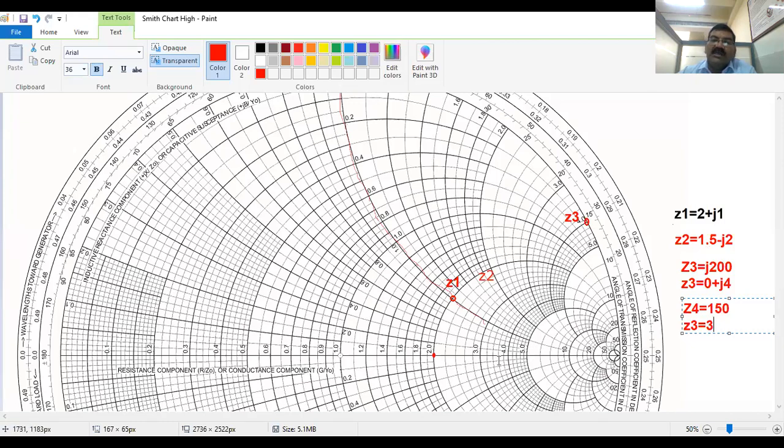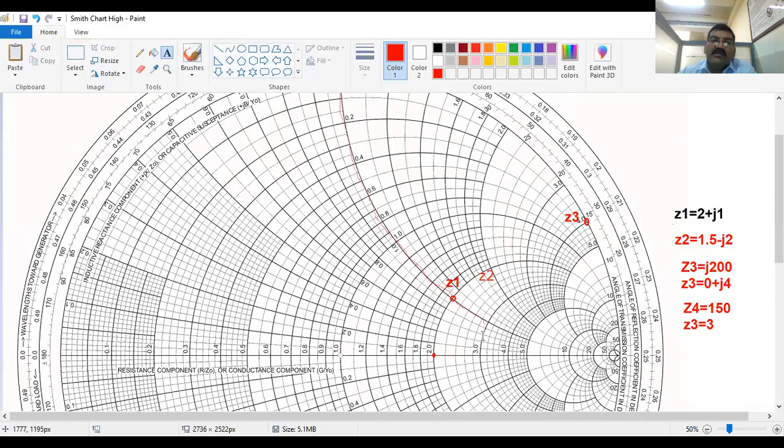Now no imaginary part. If there is no imaginary part, then what happened? You have to go on this horizontal circle. See horizontal circle 1, 1.2, 1.4, 2. This is 3. This is 4, 5. So what you require? This is 3 on the horizontal circle. And if there is no imaginary value, on this horizontal line the imaginary value is 0.